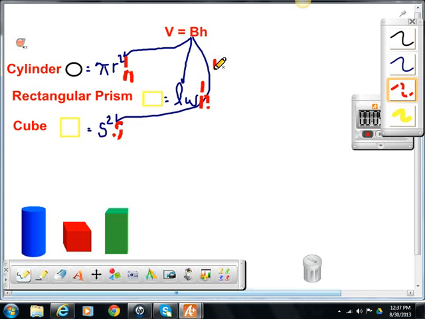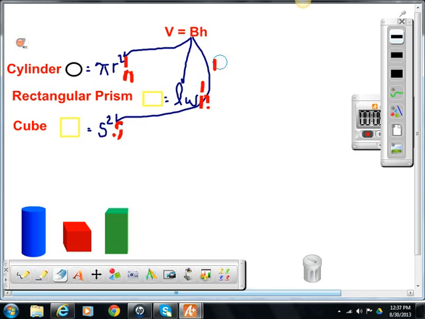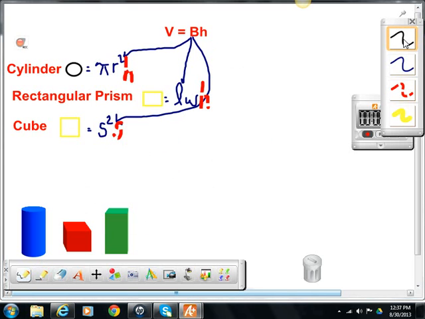The volume of a cylinder is pi times the radius squared times the height.